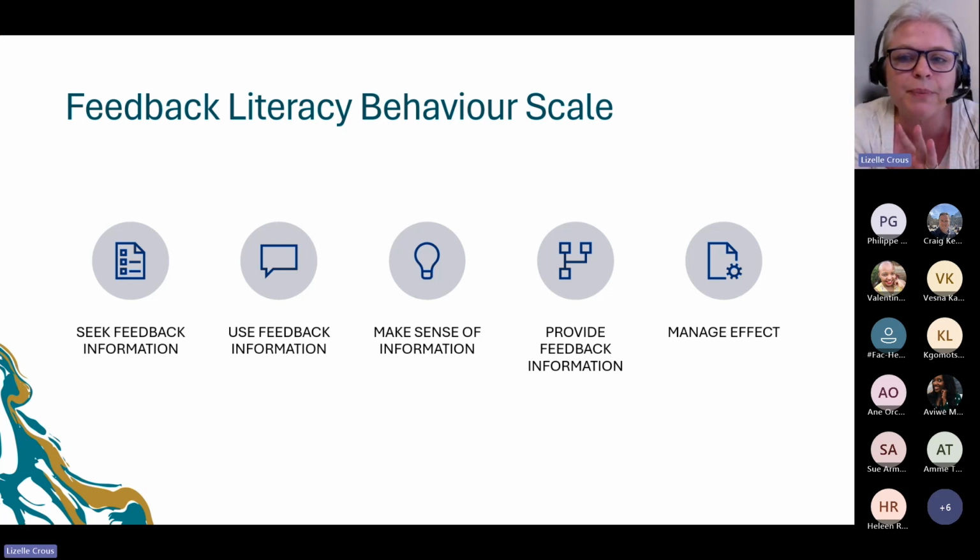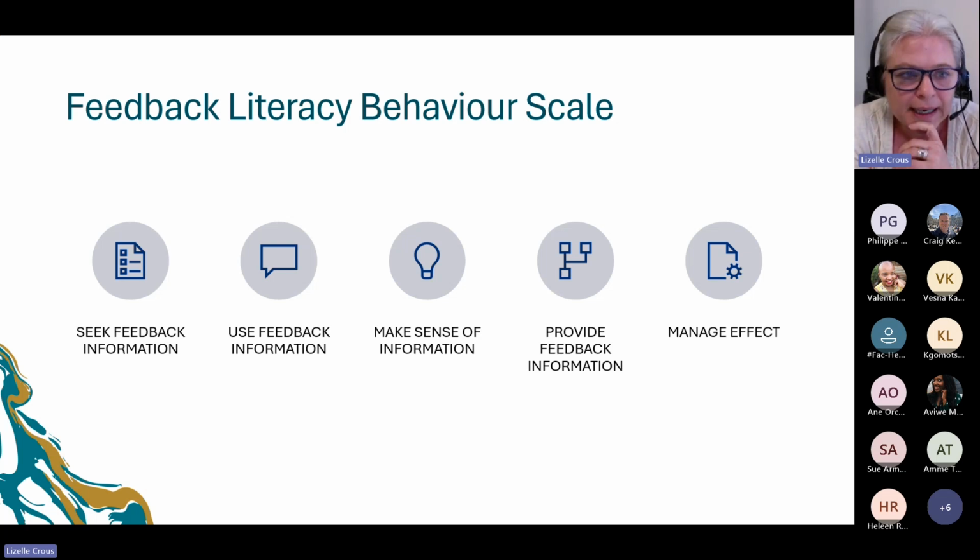They looked at both Molloy, Boud and Henderson's frameworks of student feedback literacy, as well as Carless and Boud, and combined them into a set of broad behaviors that denote the enactment of feedback literacy. This conceptual framework focuses on what students do in the feedback process and not what they receive. So it's specifically focusing on what they are doing.